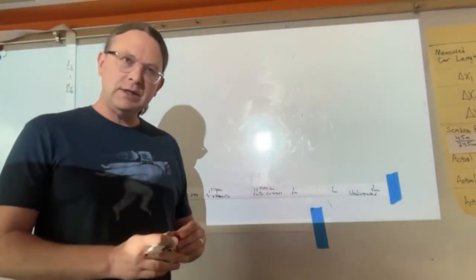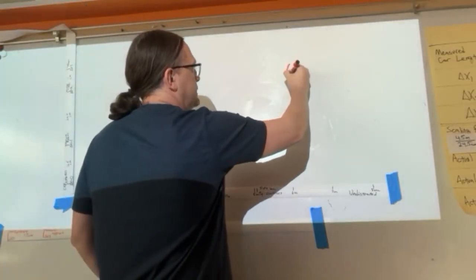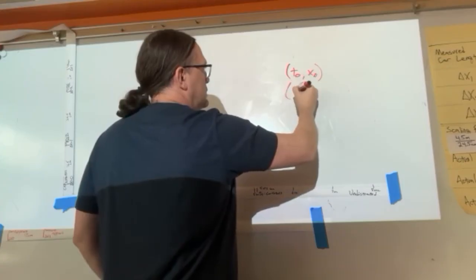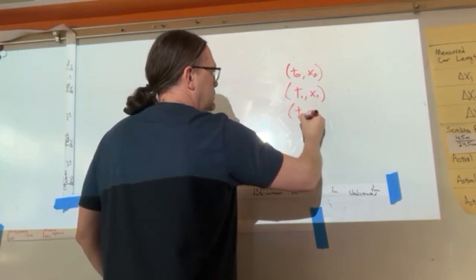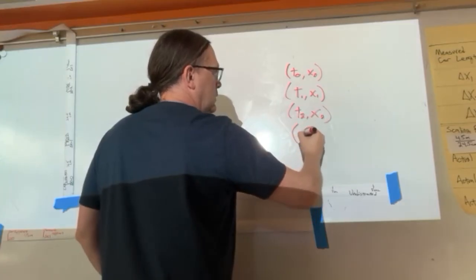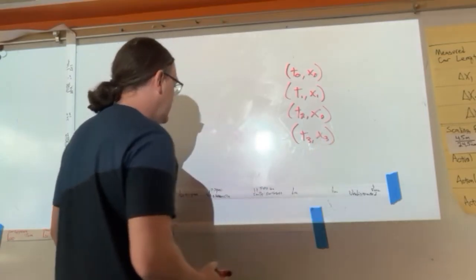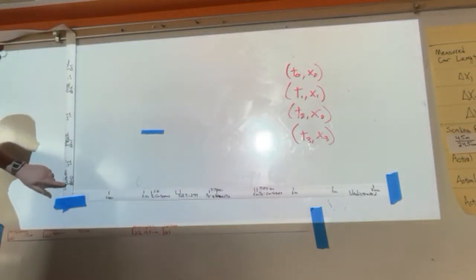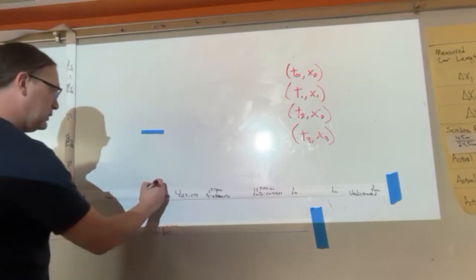Let's plot all of these points on the graph. We're going to plot T0 and X0, T1 and X1, T2 and X2, and T3 and X3. Using my grid lines here, I know that this would be our first point where the car appears.